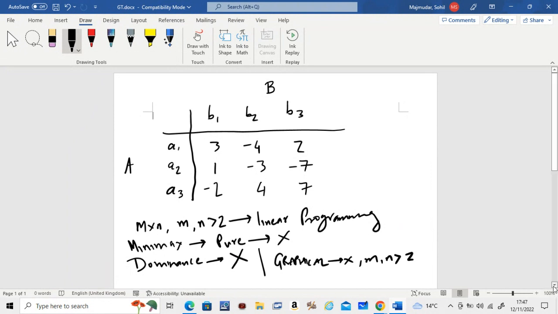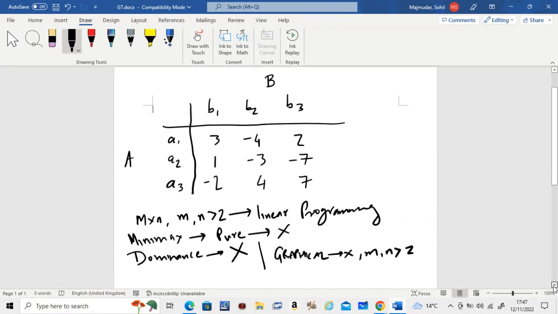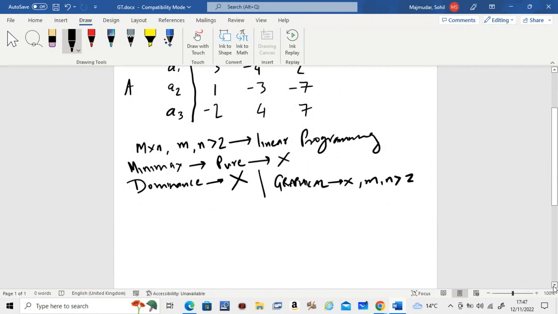So what you need to do is, when you check for pure strategy, you will see that the maximin will turn out to be -2, and the minimax will turn out to be 3.